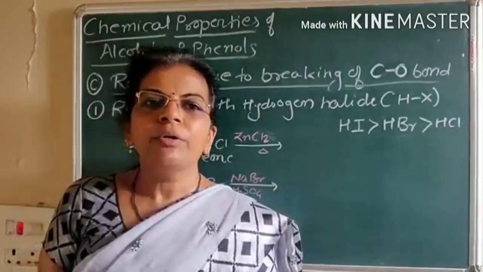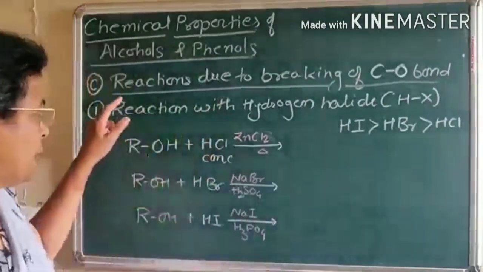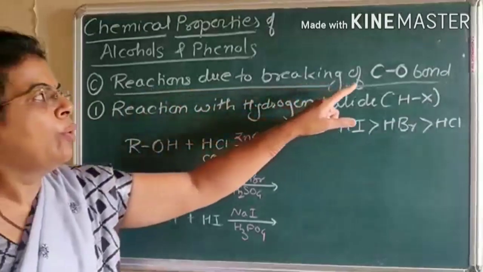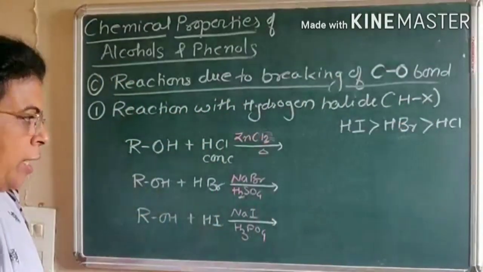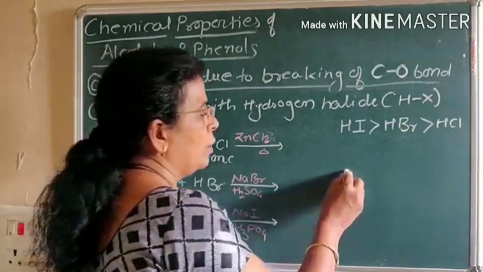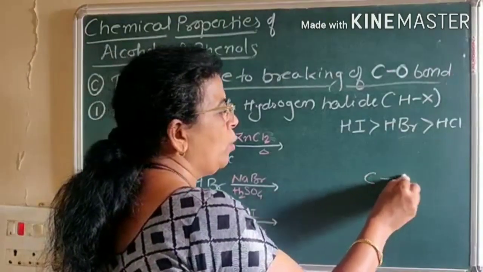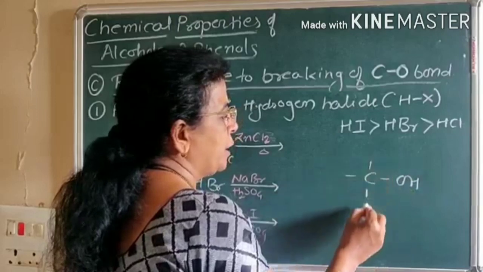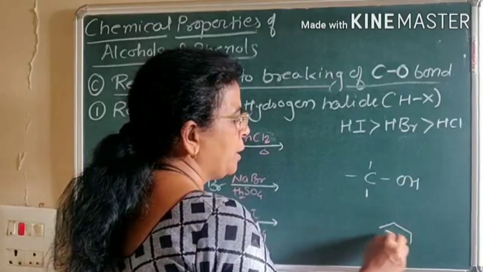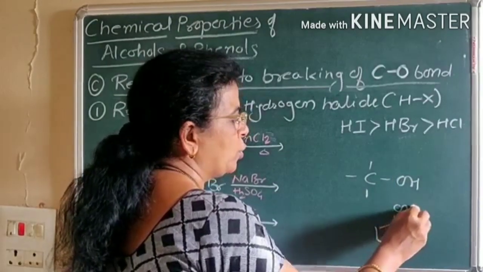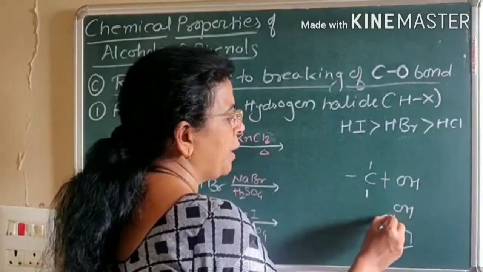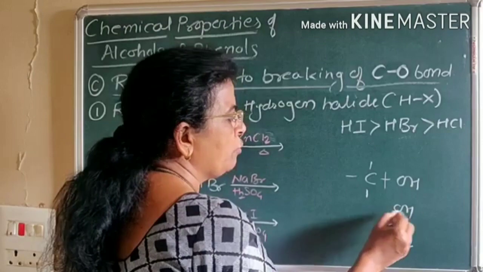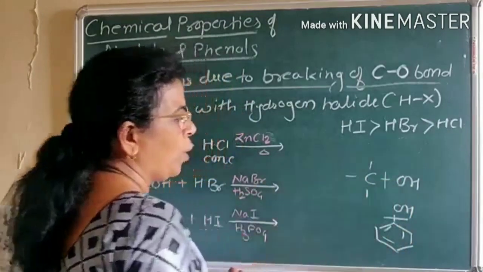The next reaction we are going to see is the reaction due to breaking of the C-O bond. We have seen that in alcohol the C-OH group is present, and in phenol also there is a C-OH group. Now we are going to see the reactions involving breaking of the C-O bond.